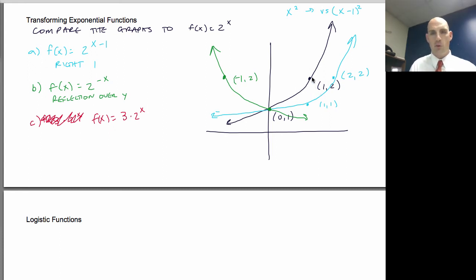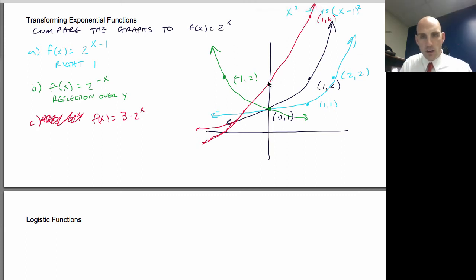And so I take my point 1, 2, and it's going to be times 3. So it's 3 times my y value. So this will be at 1 comma 6. And it's going to go this way. Stretched way up there. It's not going to go below the x-axis though. Come this way. So not that part.